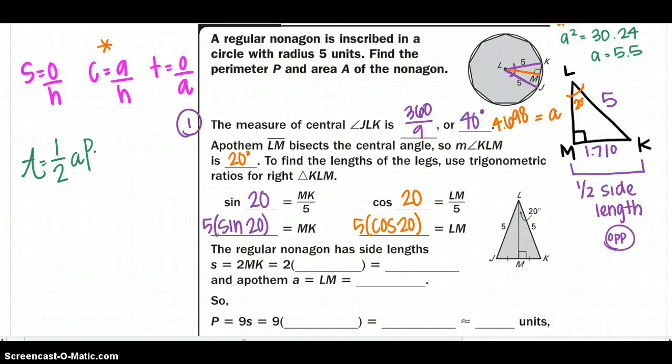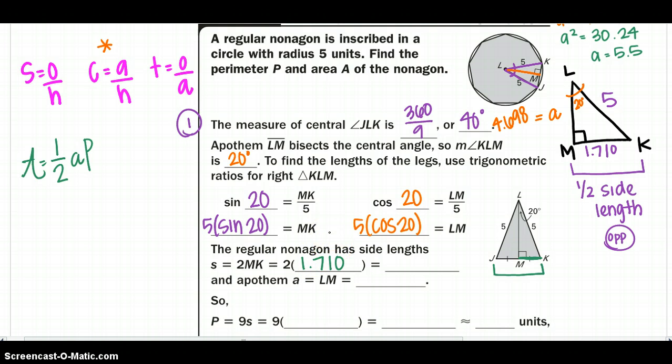Next, the regular nonagon has side lengths of s. And so we know that JK is our side length. And we found MK, so we're just going to take 2 times MK, which we found to be approximately 1.710.